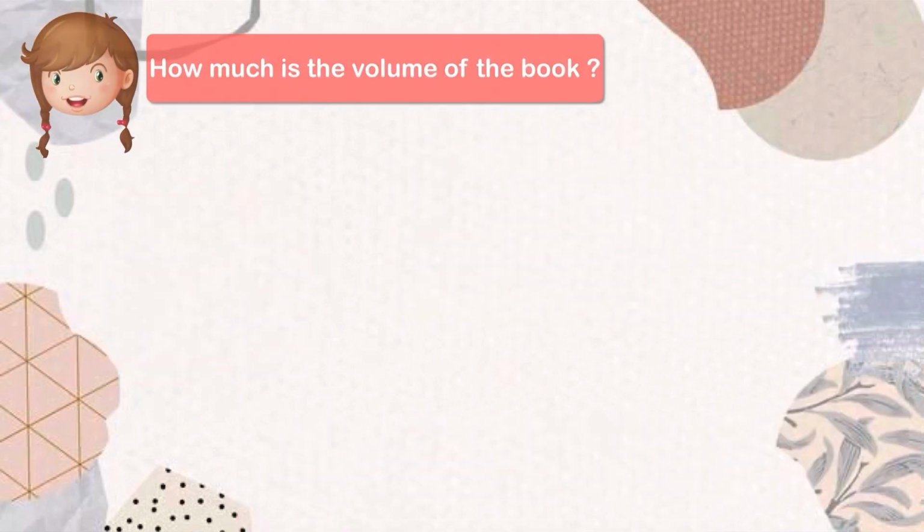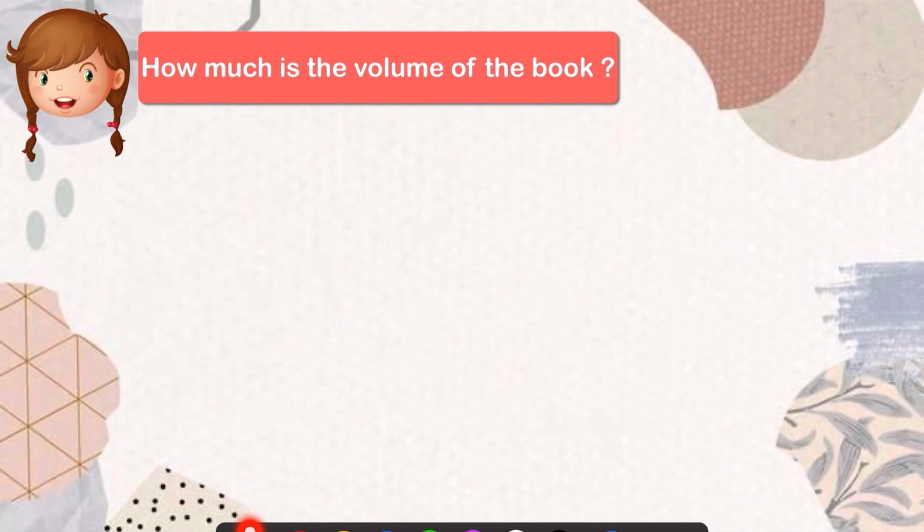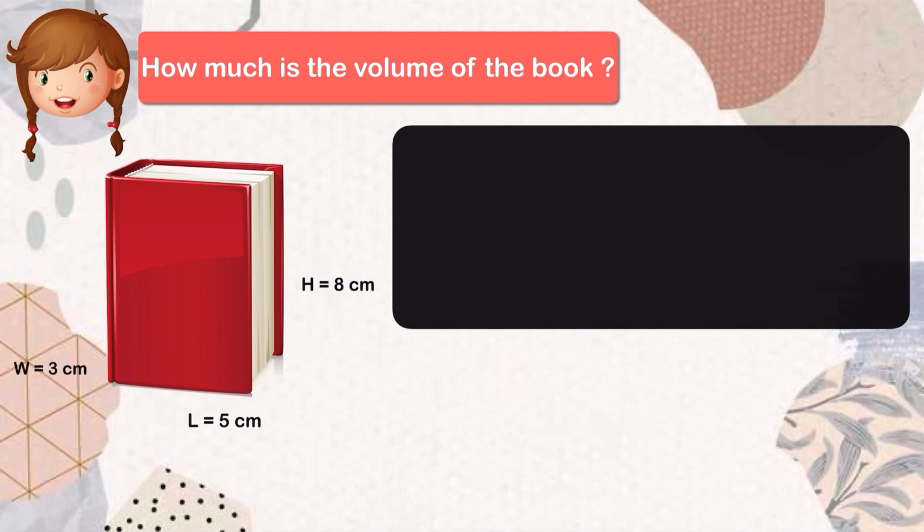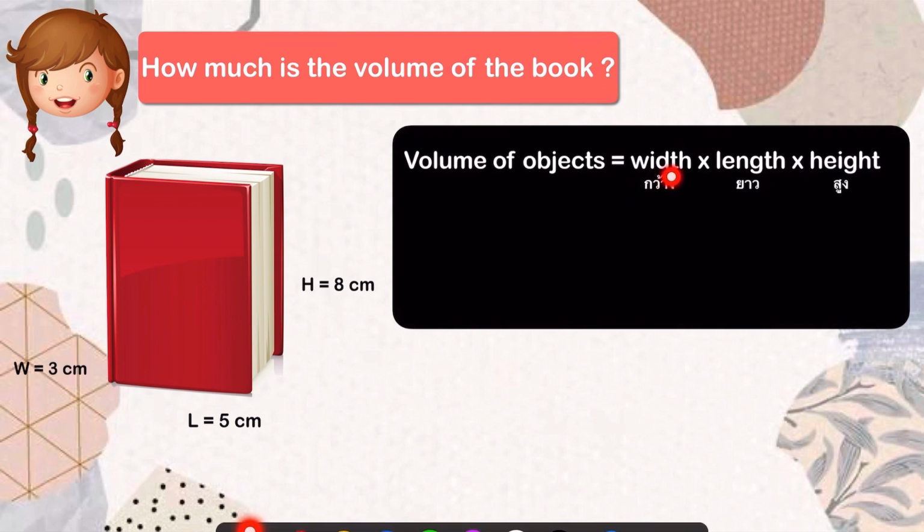What next? How much is the volume of the book? I give you the information. Again, W from width, L from length, H from height. Volume of objects equals width times length times height. Now you look at the information.